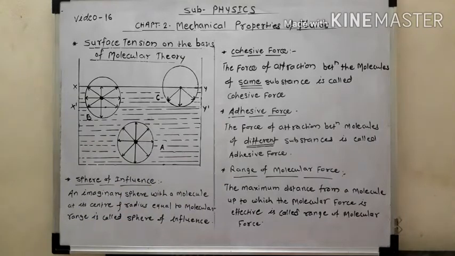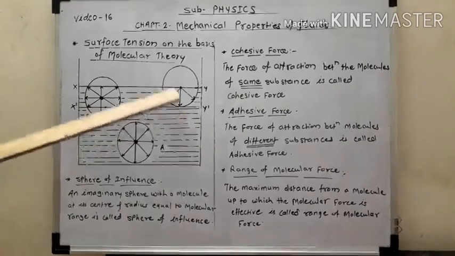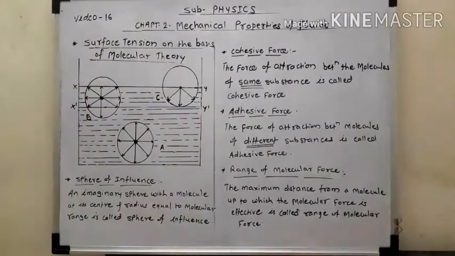Now we can see what the molecular theory is to understand this surface tension. Consider these three spheres ABC: A well within the liquid, B just below the liquid surface, and C just above the liquid surface. Suppose the sphere of influence of molecule A is completely inside the liquid, so all the liquid molecules are symmetrically distributed around it.